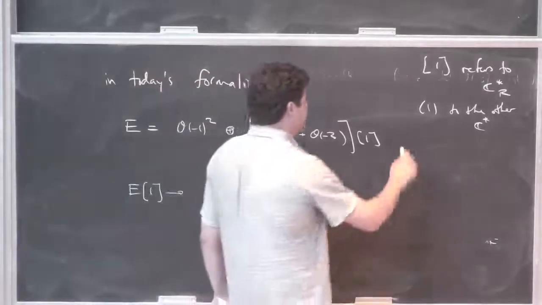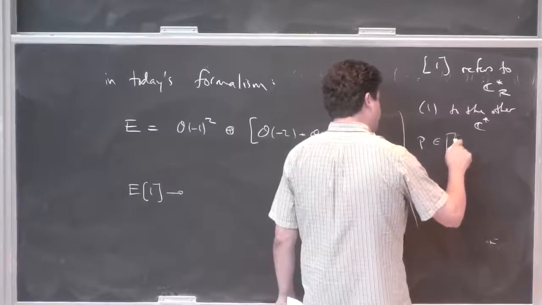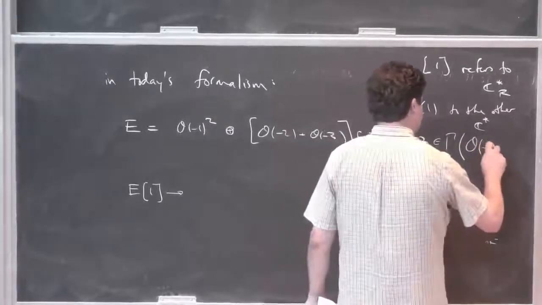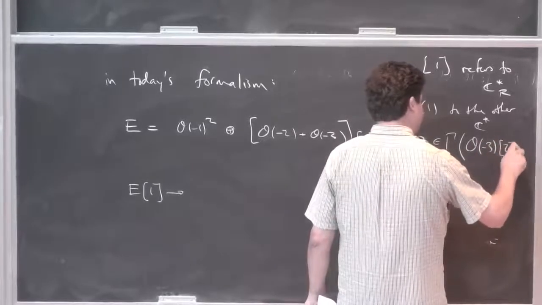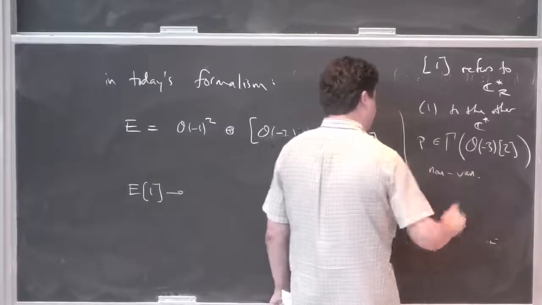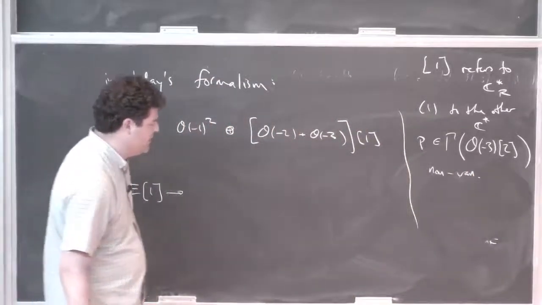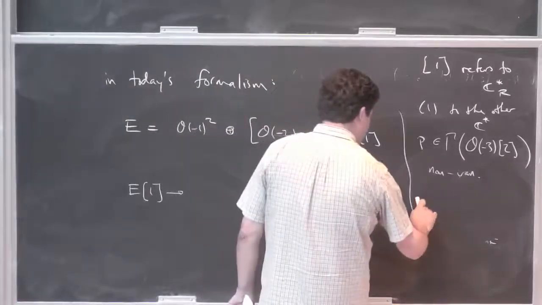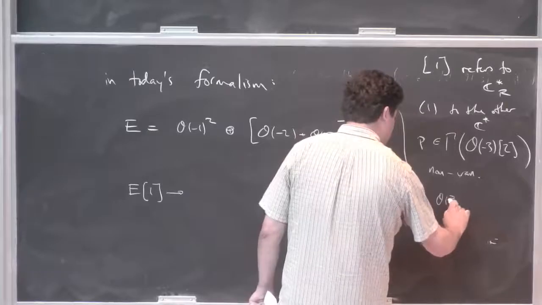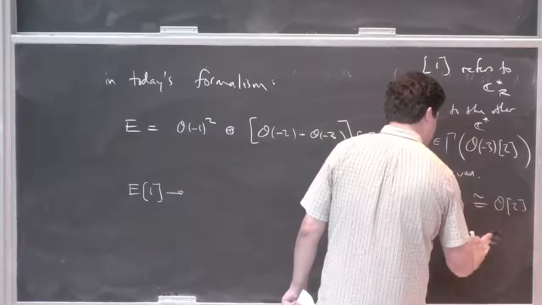And I want you to notice that P is a non-vanishing section of O(-3) shifted by 2. This is a non-vanishing section. So in fact, it gives an isomorphism from O(3) to O shifted by 2.